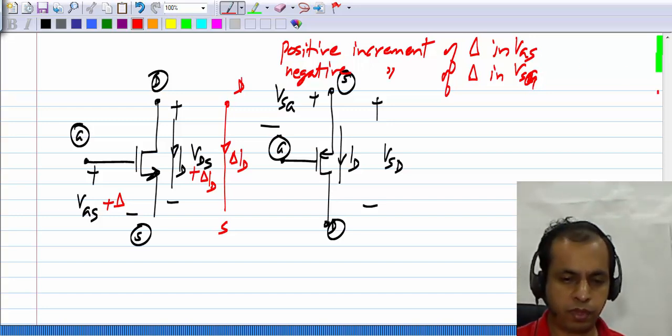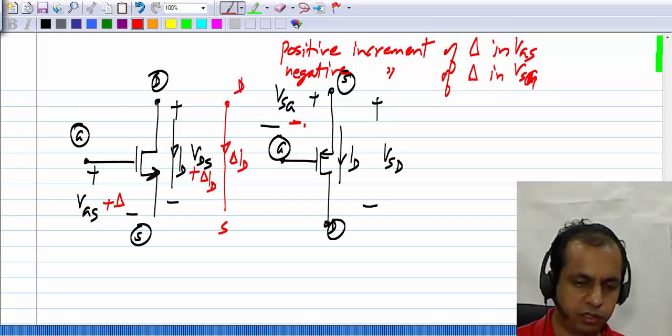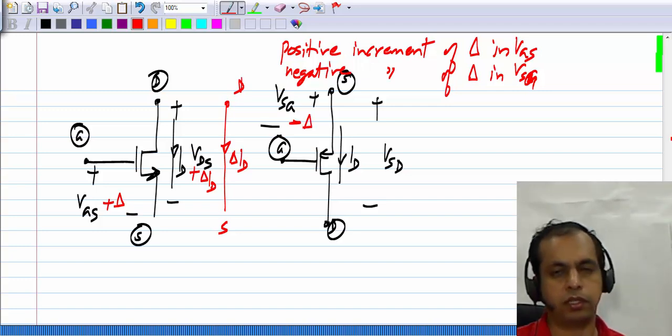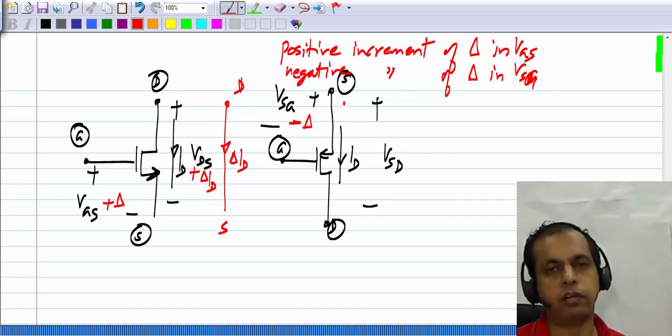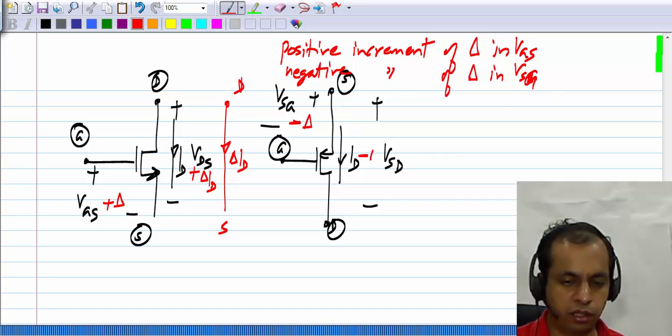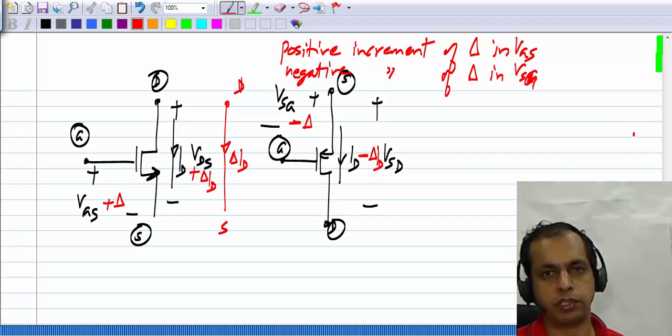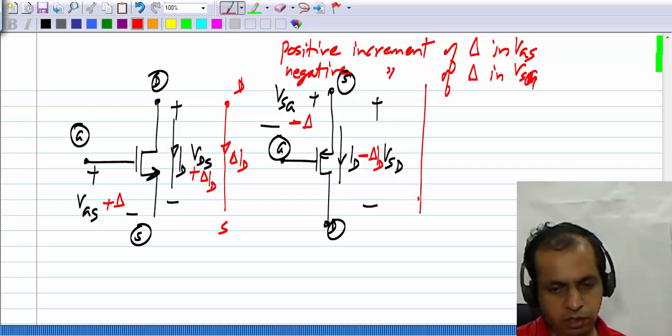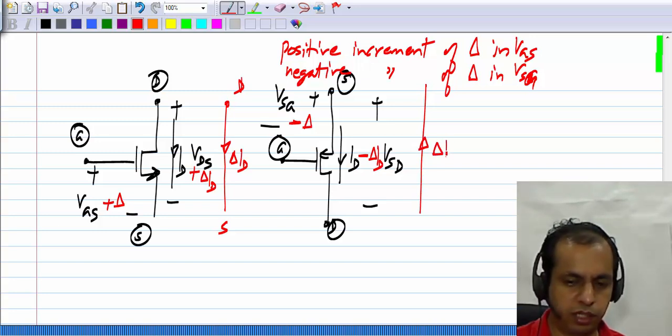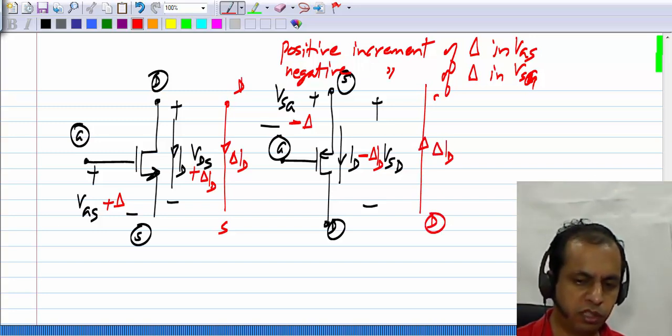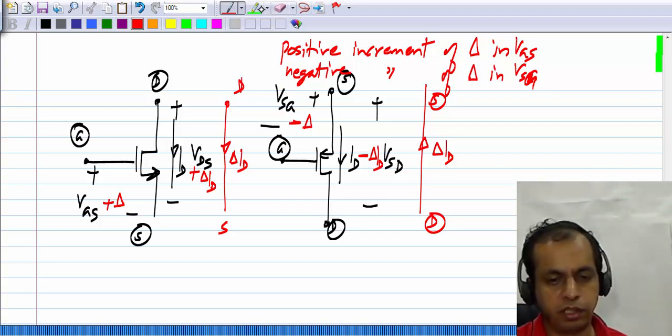So we have VSG minus delta. If the value of VSG reduces, the current flowing from source to drain reduces. And you can equally well think of it as an increment in this direction, delta ID from drain to source. And you can see it's exactly the same.